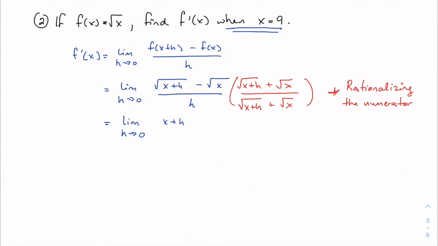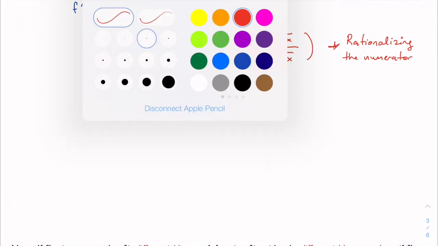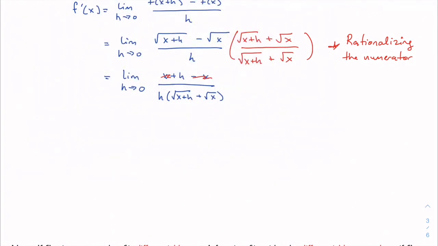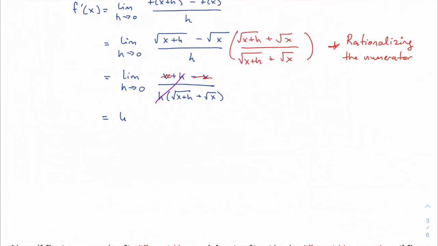So this is going to give me x plus h minus x over h times that whole thing, our conjugate. Okay, so simplify a little bit more, right? Our x and negative x are going to cancel out. So I can cancel out my h's too. So my h's can cancel out, and I'm left with a limit as h approaches 0 of 1 over the square root of x plus h plus the square root of x.